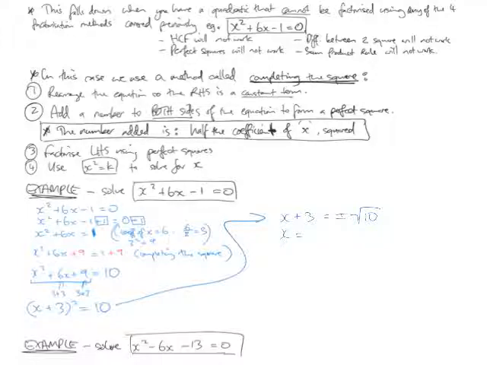So it's going to be take 3 on both sides, negative 3 plus or minus the square root of 10. So what are your solutions? There's 2 there, written as plus or minus square root of 10. That can be written as negative 3 plus the square root of 10, or negative 3 take square root of 10. This means the same thing, okay? So that is the first example, and that's the solution for it.